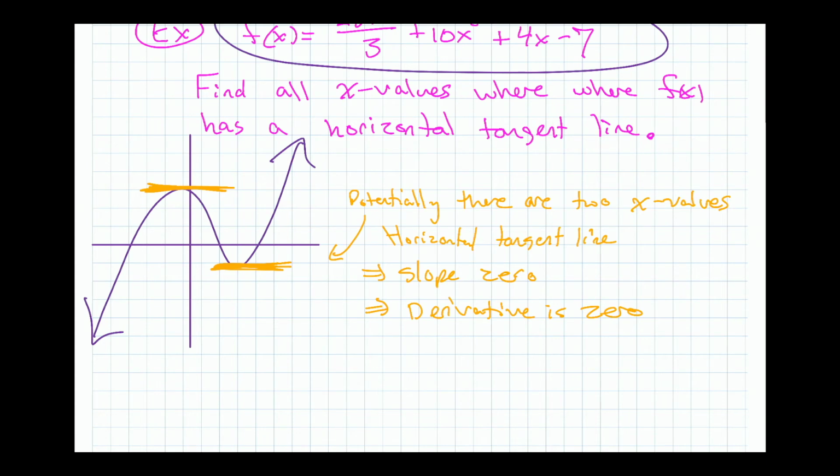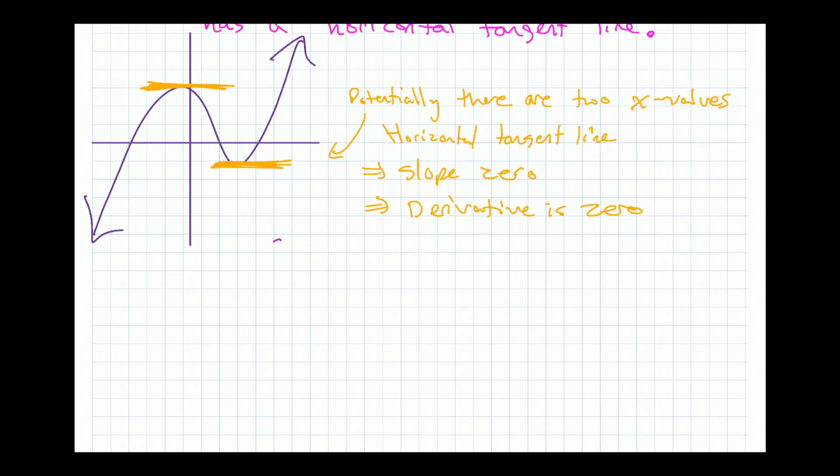So what does that tell us? That tells us that the method to solve this problem is to, step 1, find the derivative, which is going to be f prime of x. Step 2, we want the derivative to be 0.